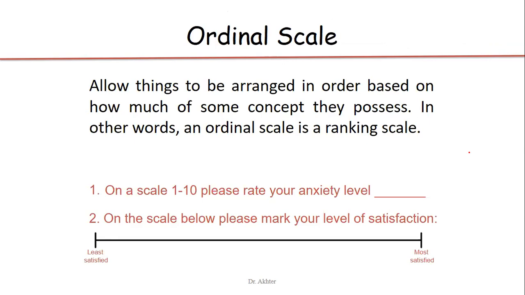Some of the data may be on a Likert scale, like ratings, anxiety level. Anxiety level, you have to rate in a range of 1 to 10. Then this will be called an ordinal scale. The ordinal scale has a sense of measurement. 10 means high anxiety, 1 means low anxiety.